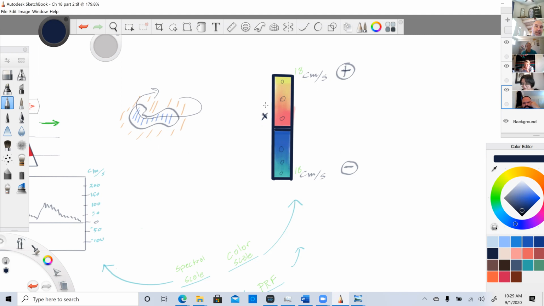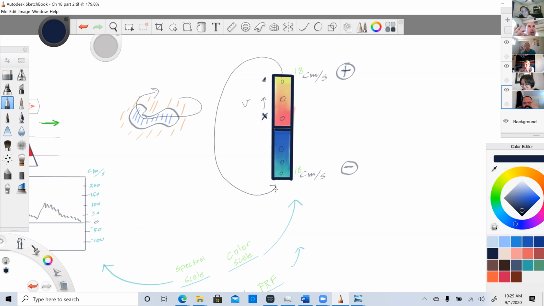As the velocity increased, it became a little more orangey yellow. It got up to yellow here, and then the computer doesn't know what else to do with this. It's like, okay, I have a scale of red being the slowest flow, yellow being the highest flow.